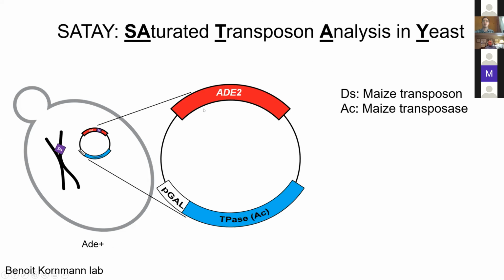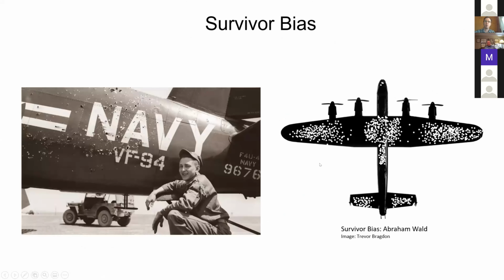The yeast cell can then repair the Ade2 ORF, allowing them to make adenine, which allows them to grow on media without adenine. And this way we can select for cells which have removed the transposon and put it into their genome.